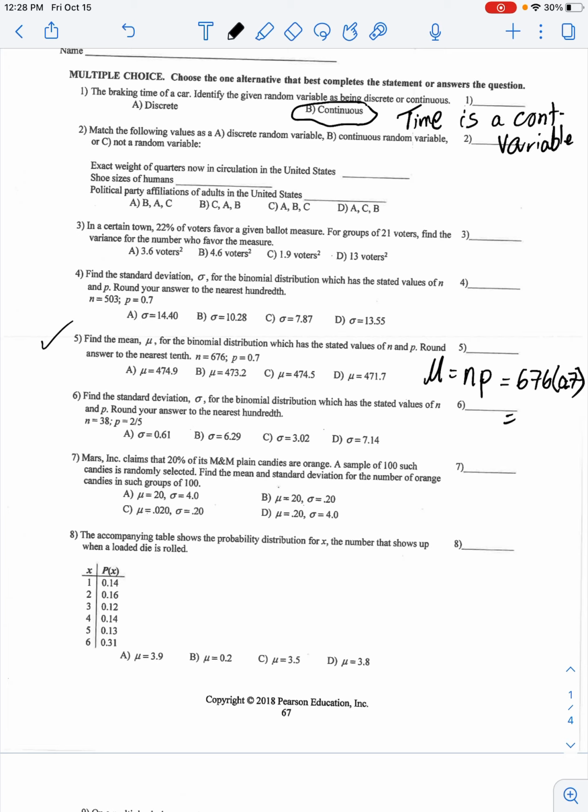When you multiply these two out, 676 times 0.7, you get 473.2. That's the answer.